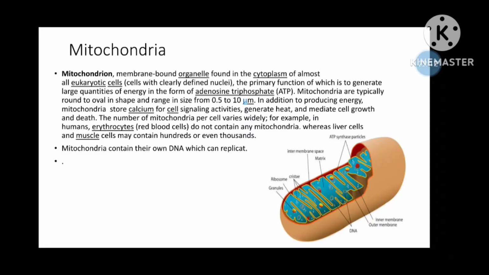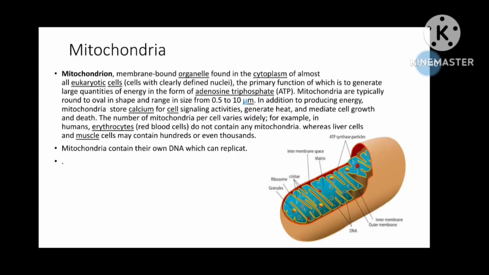The number of mitochondria per cell varies widely. For example, in humans, red blood cells do not contain any mitochondria, whereas liver cells and muscle cells may contain 100 or even 1000 mitochondria. So the number of mitochondria varies from cell to cell.